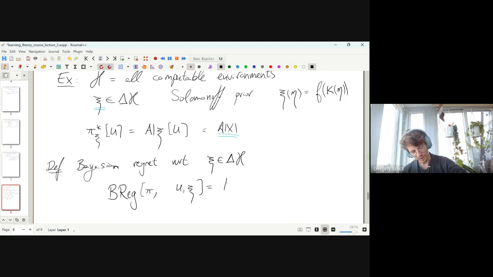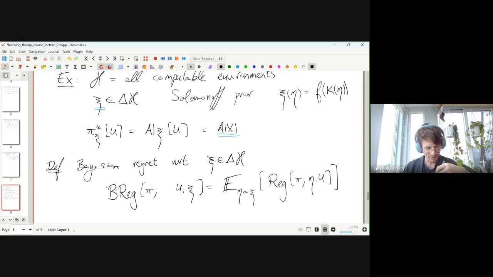I think this is just defined as the expected regret when sampling the environment from the prior. I think this is a meaningful definition. Sorry, I didn't check this definition, but I think this is the right definition of Bayesian regret.